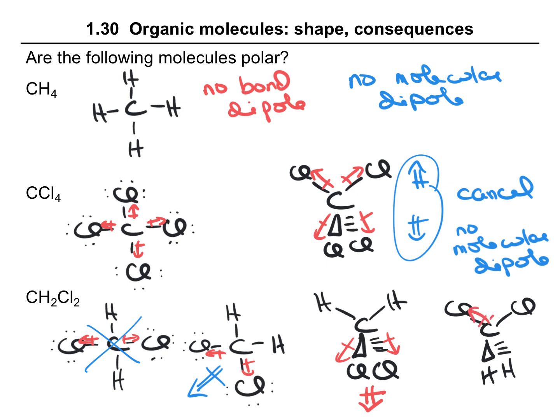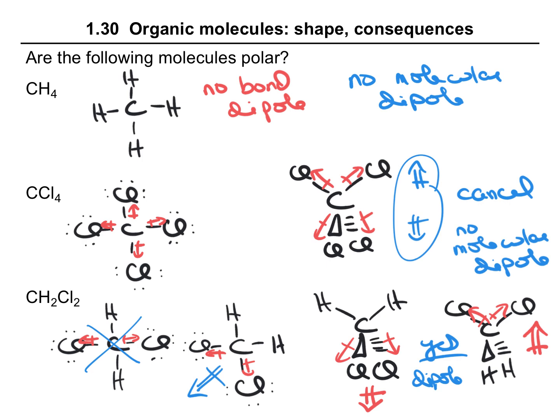Here, we have our bond dipoles giving us a molecular dipole that looks like this. So however we represent it, when we show the shape, and again, different representations of the shape are still going to lead to the conclusion that there must be a molecular dipole. So yes, we do have a molecular dipole.